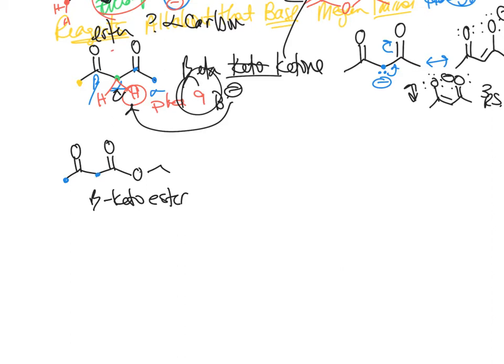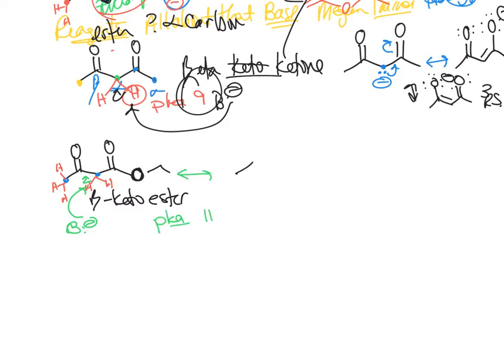This is not an alpha carbon, folks. That's an oxygen. So we have hydrogens here, and we have hydrogens here. Which one's the most acidic? It would be this alpha, and the pKa of that is 11.